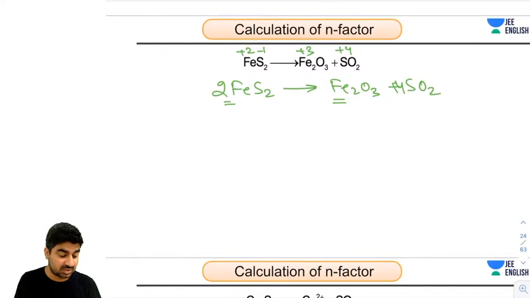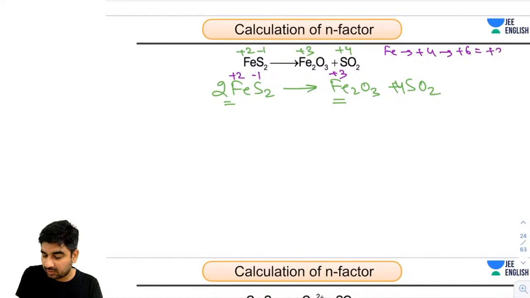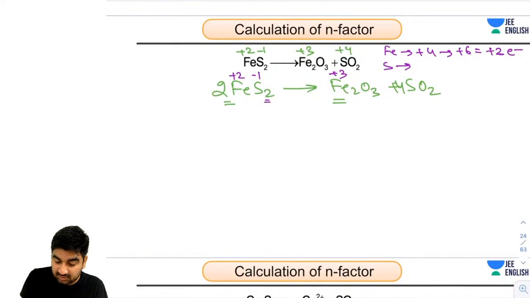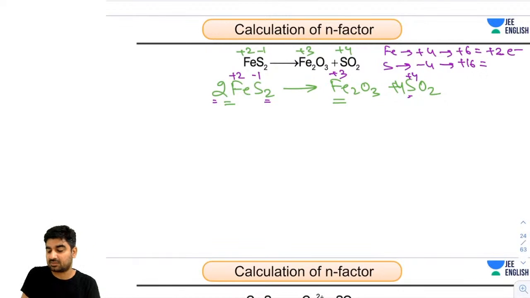So I'm just talking about this only. Oxidation of this is taking place, and if oxidation of this is taking place, what will happen? Here we have +2, here we have -1. So Fe is going from +4 to +6. So there are 2 electrons. Then sulfur you have -1, and there are 4 sulfur. -4 to +4, 4 into 4 is 16. 16 minus minus 4 will be 20.